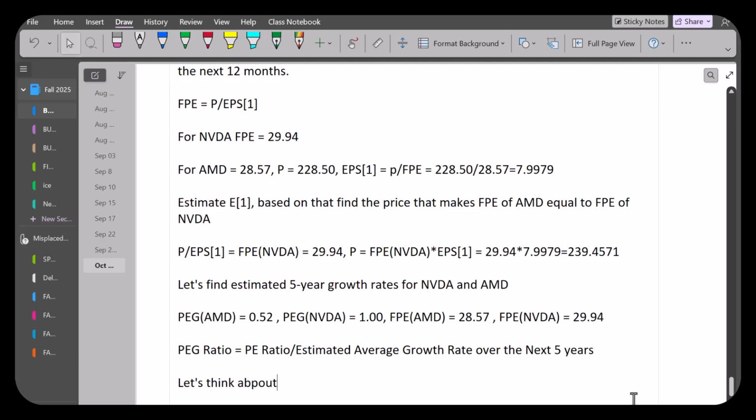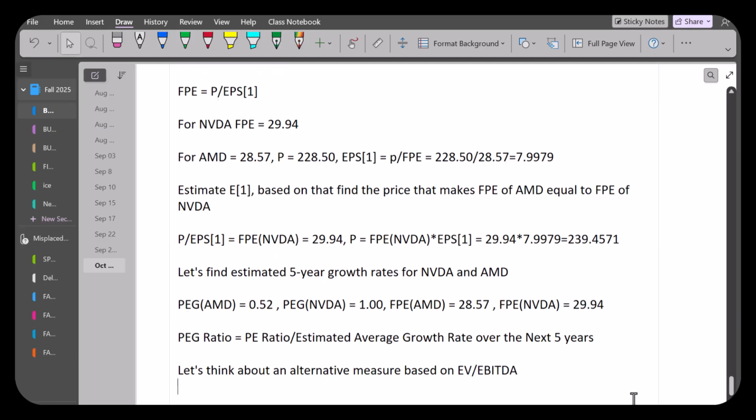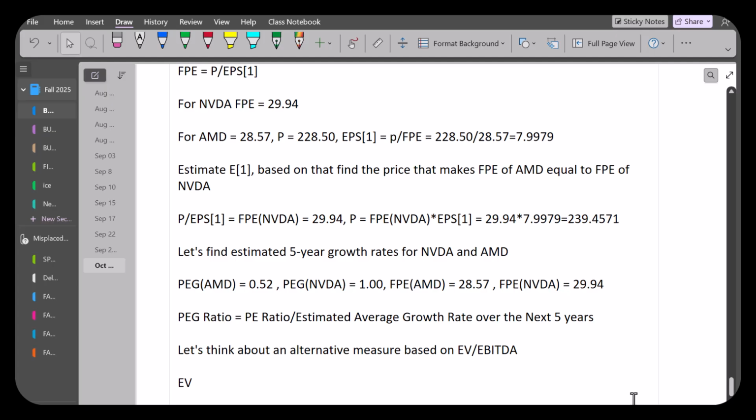Let's think about an alternative measure based on EV over EBITDA. EV is short for enterprise value.